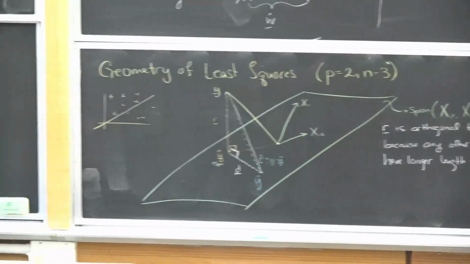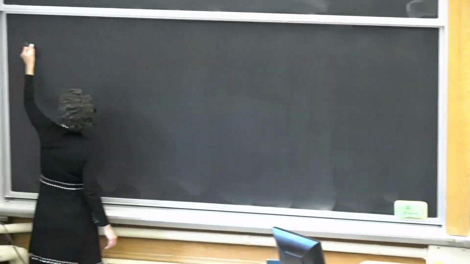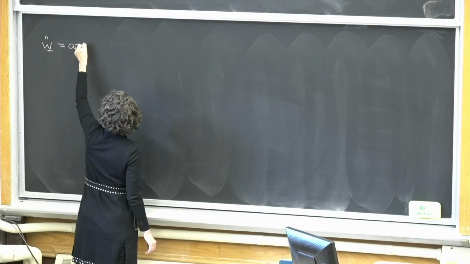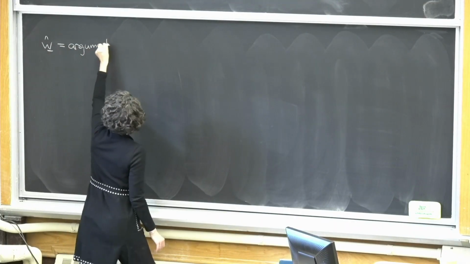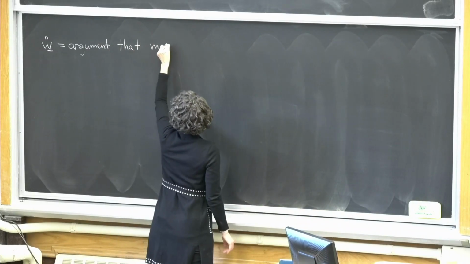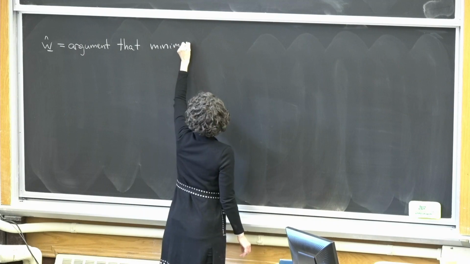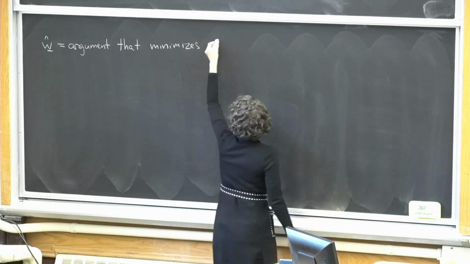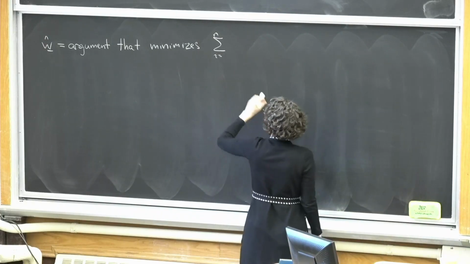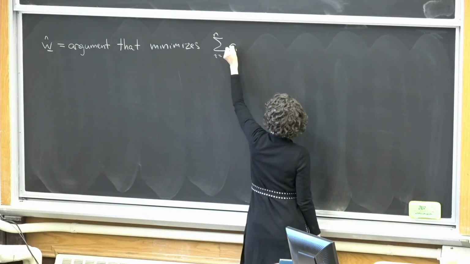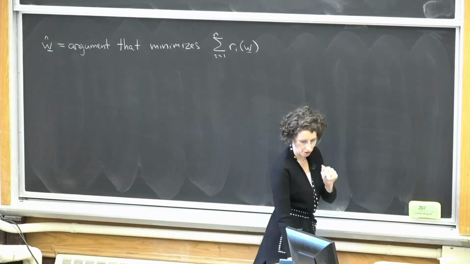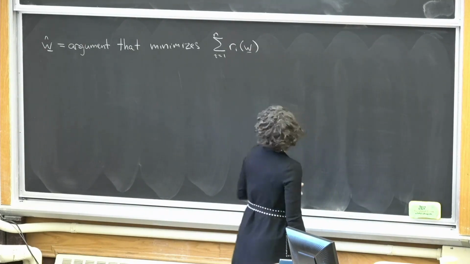Okay, so in particular, we said that W hat is the argument, or the vector, that minimizes the sum over all of our training samples of the residual Ri associated with W, squared.